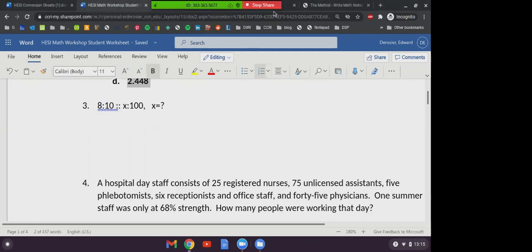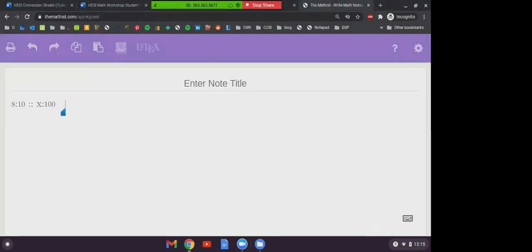This is what we call a proportion. They're asking, what is the value of x? Most people, when they get to the HESI, may never have seen this type of proportion before. Many people are going to be more familiar with the ones that look like this, as a set of fractions that are equal to each other.